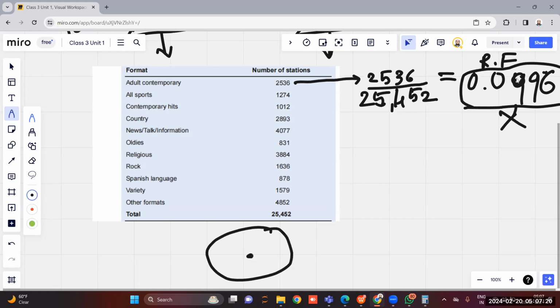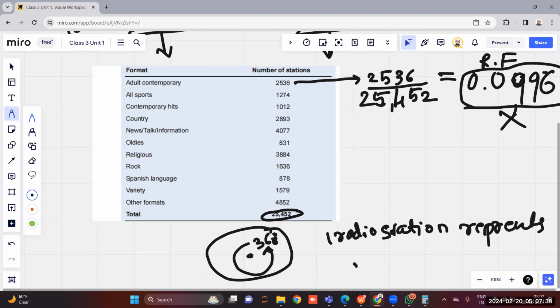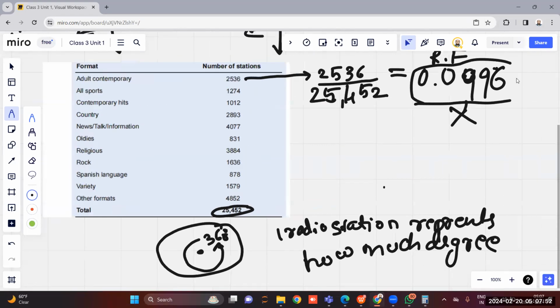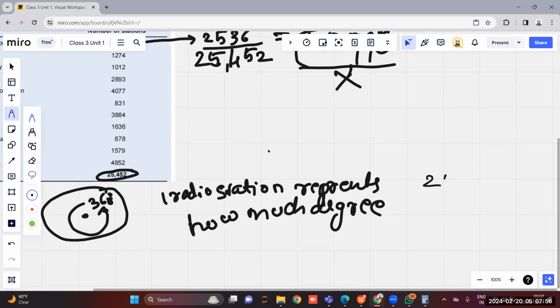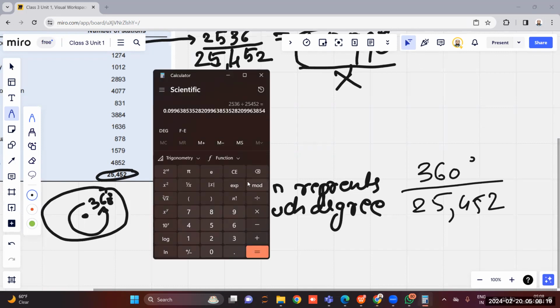In this pie chart, which is 360 degrees, I have to find how much one radio station represents in degrees. So I have to divide 360 by 25,452.